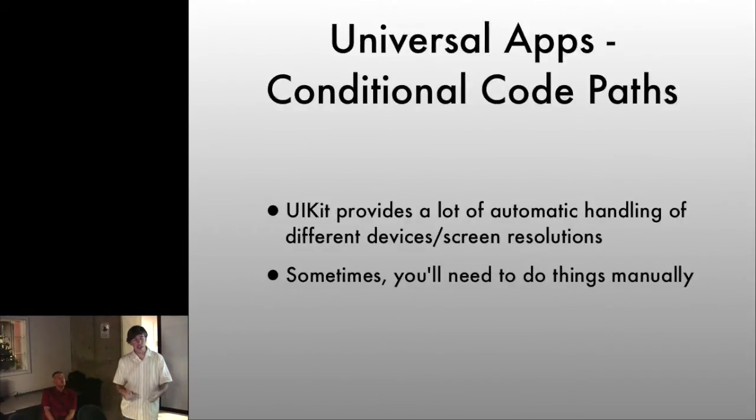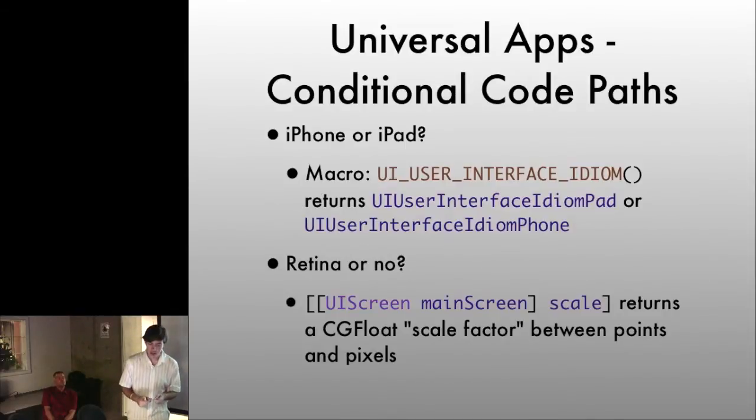So there are times, though, where you're going to need conditional code. UIKit does a lot for you, but it can't do everything, and there are a lot of cases when you're doing something really custom that you need to know which device you're on. On iPhone and iPad, there is a macro that will return either UIUserInterfaceIdiomPad or UIUserInterfaceIdiomPhone, which tells you if you're on a phone right now or on an iPad right now.